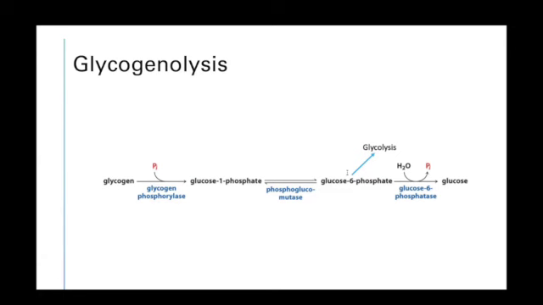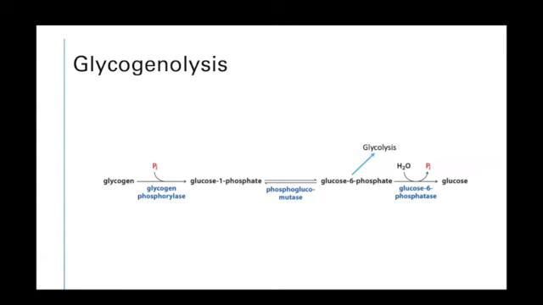This is done via phosphorylases, so the breakdown of bonds via the addition of a phosphate group. So we have a glycogen molecule and we add a phosphate group to the alpha 1,4 glycosidic bond, and we release a molecule of glucose 1-phosphate.